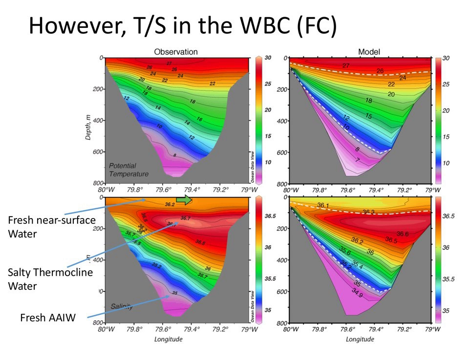But we know that in the Florida Current, the northward flow, which I show here, the temperature and salinity observed in the Florida Current, the near surface water is warm, but also relatively fresh, and also here you see the salty thermocline water, and then below the fresh AAIW, Antarctic Intermediate Water.